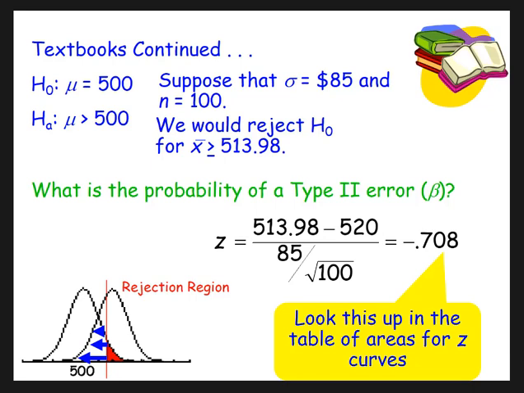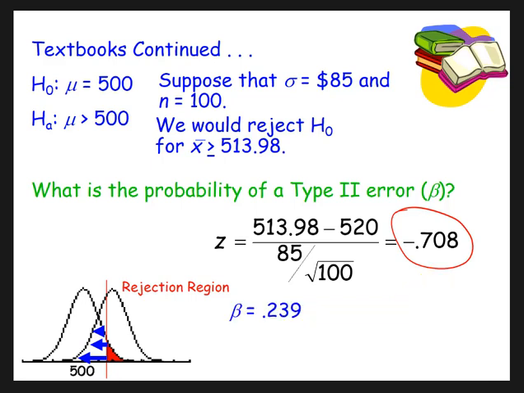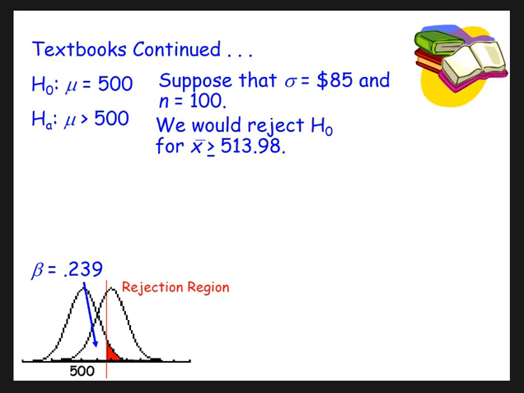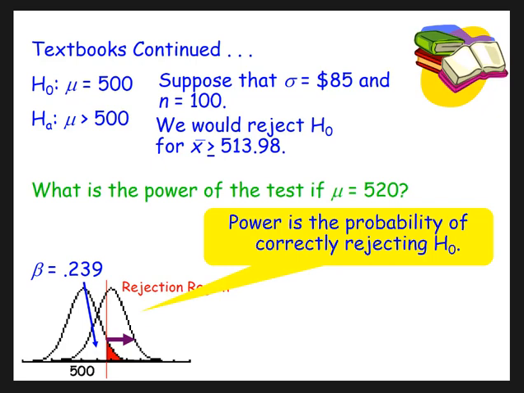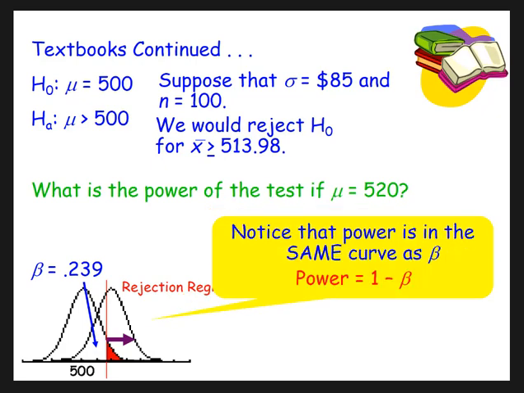We could find the probability of z being less than negative 0.708 in our tables if we wanted to, but it's a pretty healthy size probability. So we get 0.239. So the power then is 1 minus beta, or 0.761.